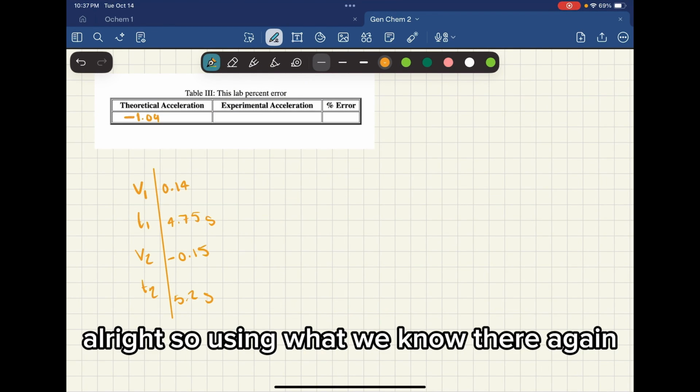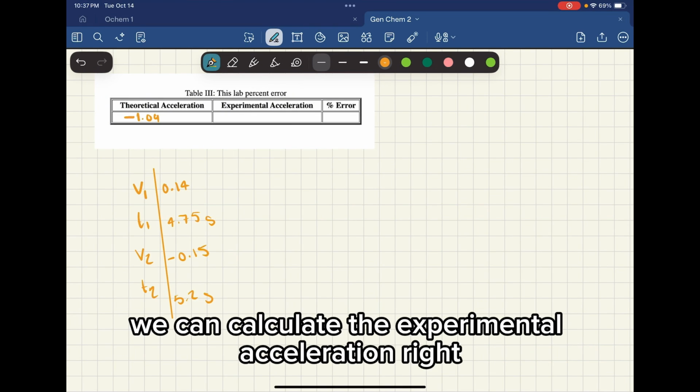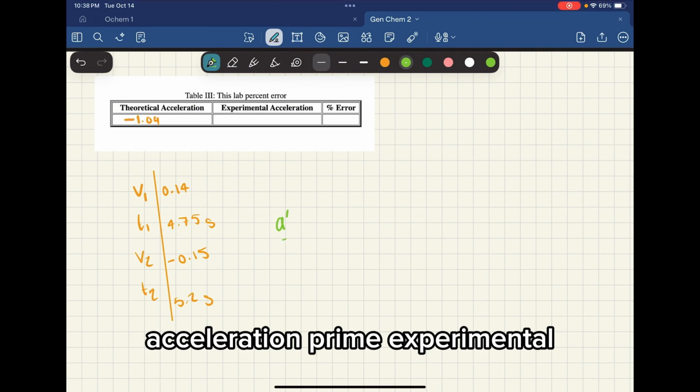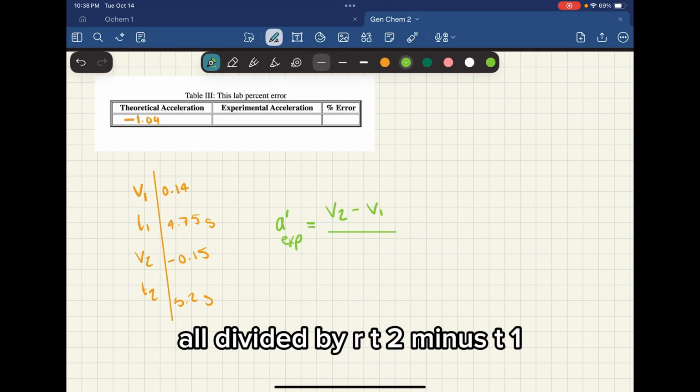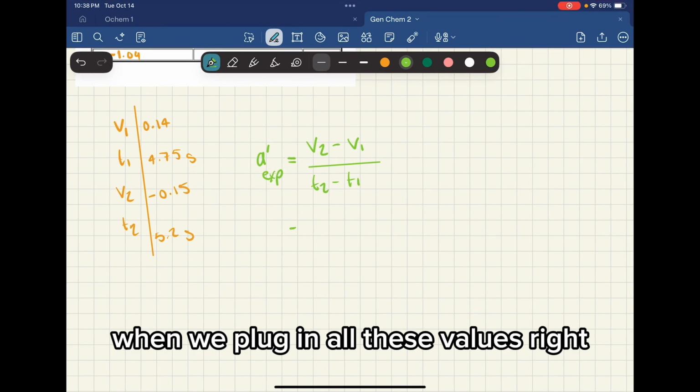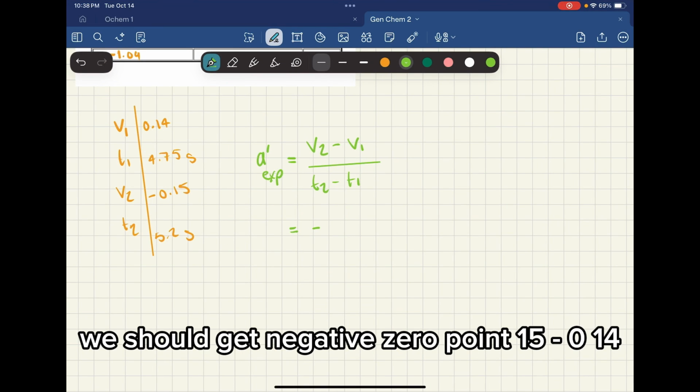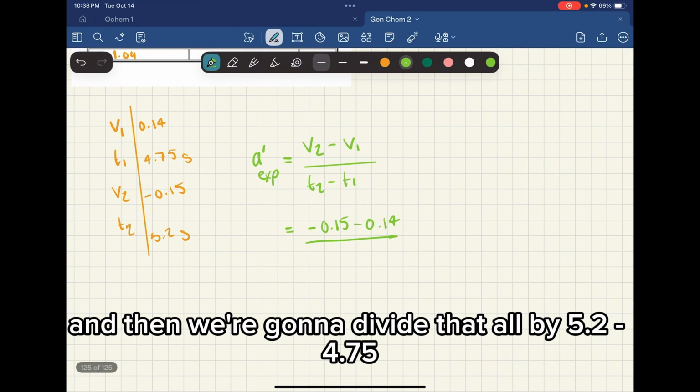All right, so using what we know there, again, we can calculate the experimental acceleration, right? Acceleration prime experimental is going to be equal to our v2 minus v1, all divided by our t2 minus t1. When we plug and chug these values, we should get negative 0.15 minus 0.14, and then we're going to divide that all by 5.2 minus 4.75.